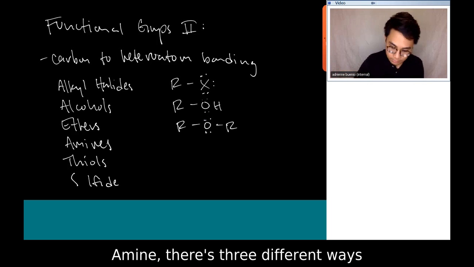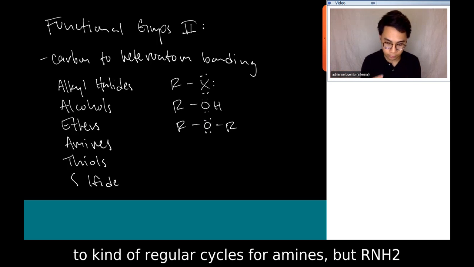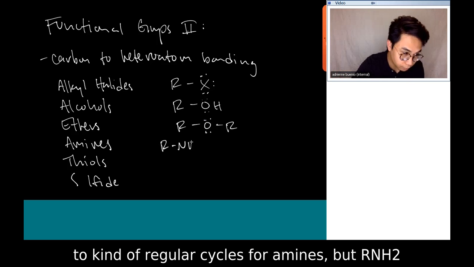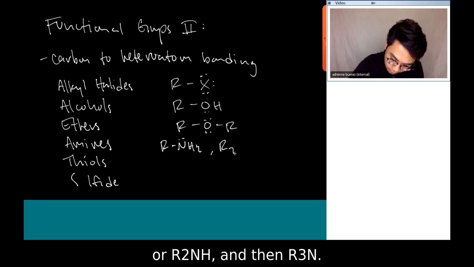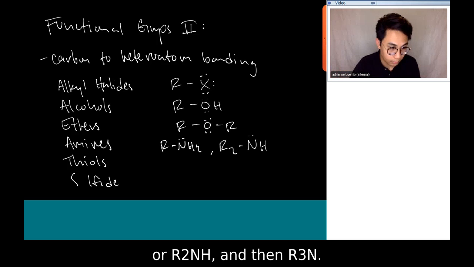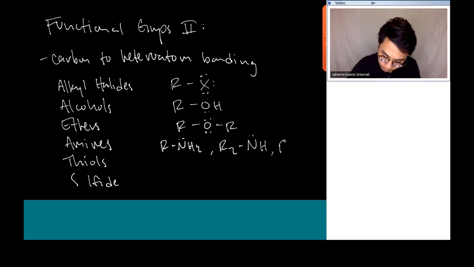Okay, amines. There's three different ways to write the regular structure for amines: RNH2, or R2NH, and then R3N, right?